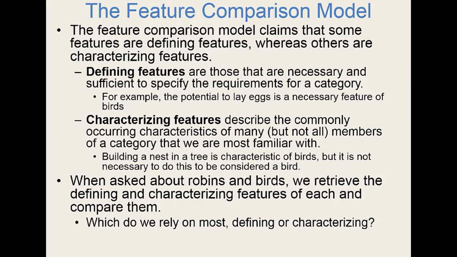So we might be thinking about the colors of a robin versus, say, a crow or a blue jay, right? Very different color schemes. And so we might be thinking about that. We might be thinking that robins fly. If we are thinking about those types of characteristics, then we're probably relying on the defining ones, the ones that define a robin versus a different type of bird.